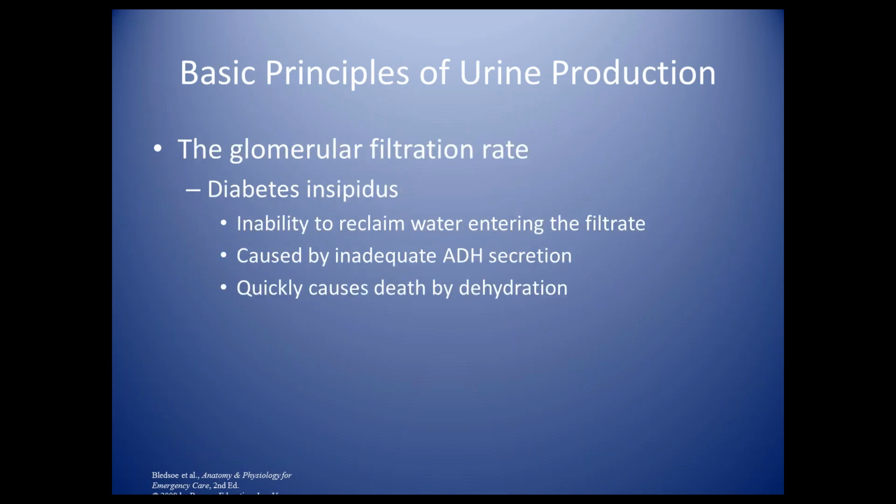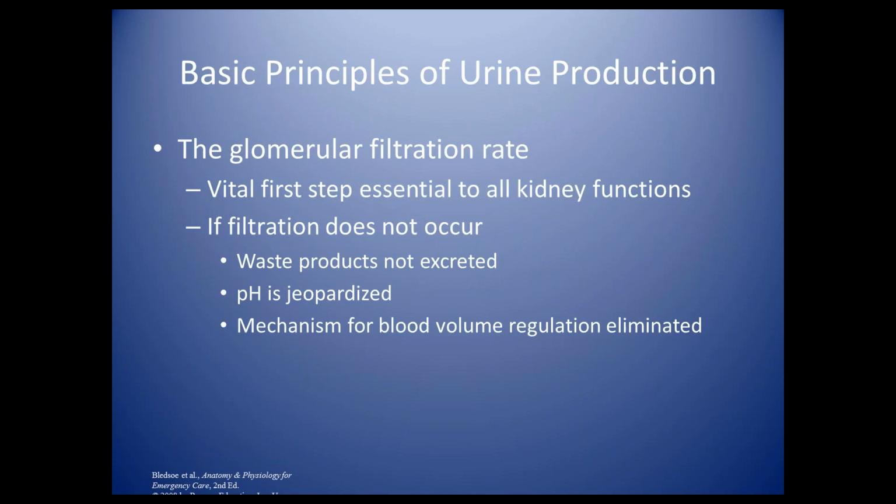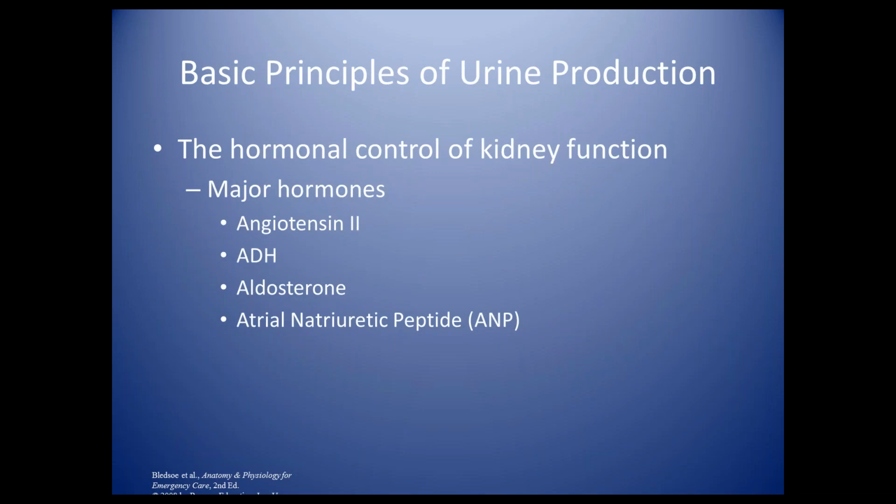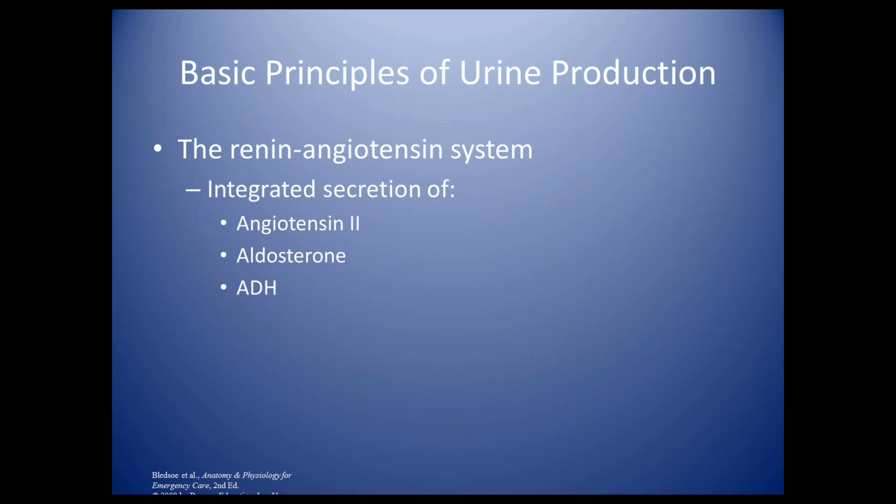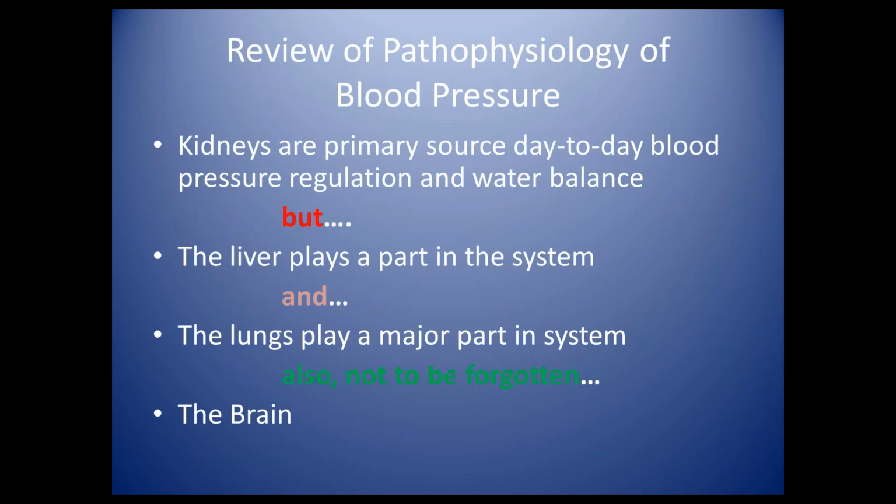So what we have is basically that filtration is acted upon by ADH, aldosterone, progesterone, all different aspects we're going to be maintaining, which we'll go over specifically. But this is what regulates our waste product and regulates our blood pressure, the big aspects that you want to know. Major hormones that are going to be acting on the kidneys, angiotensin, ADH, aldosterone are going to be the three big ones that we'll be going over.